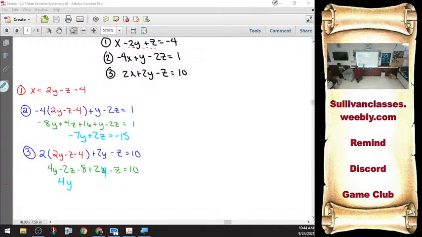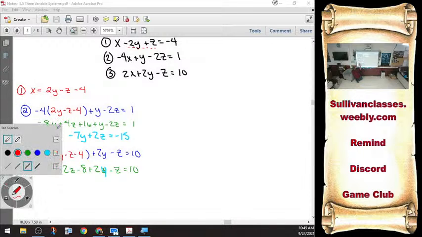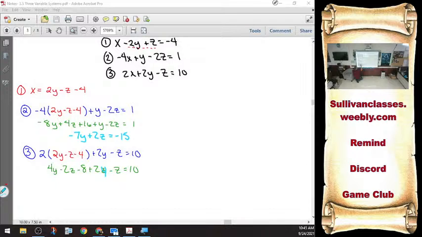Oh, that's a y. Okay. Whew. All right. -2z. Oh, yeah. We got to back all that up then. Okay. 4y's and 2y's is 6y's. -2z and then is minus 3z. Add 8 to the other side, 18. Okay.